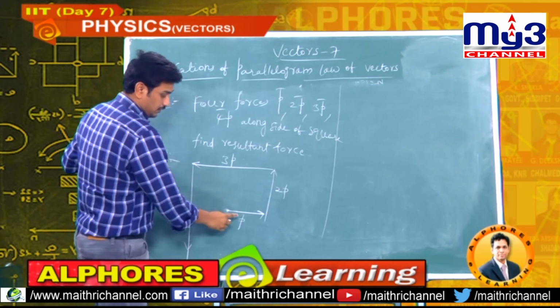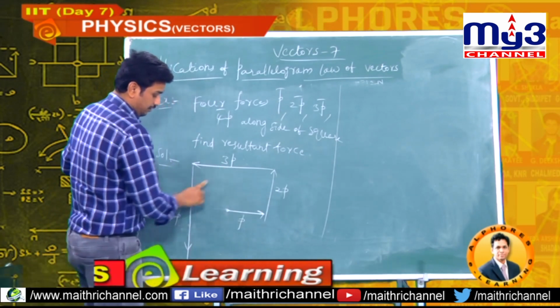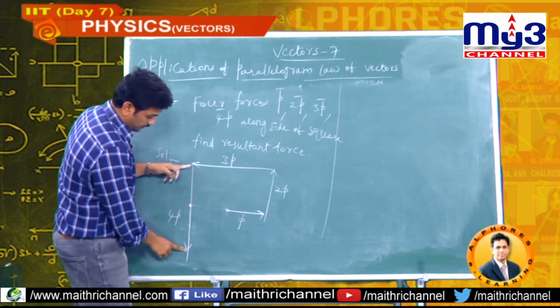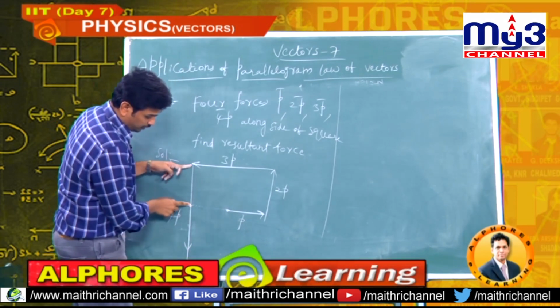Now P, 2P, 3P, 4P. See here, this is 4P, and up to here how much? 2P.